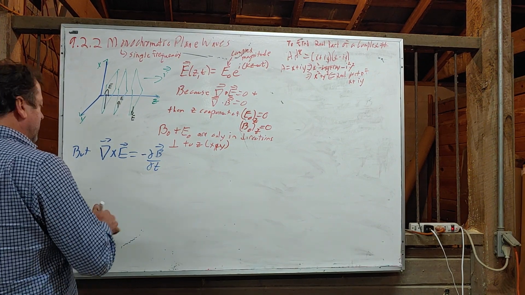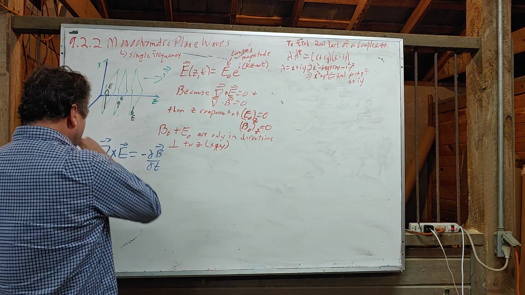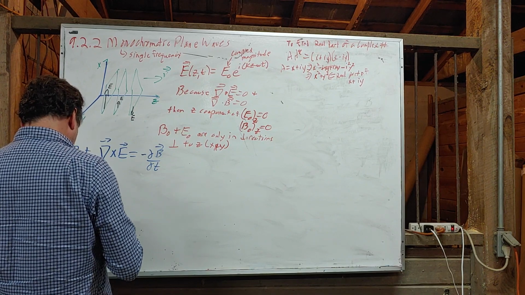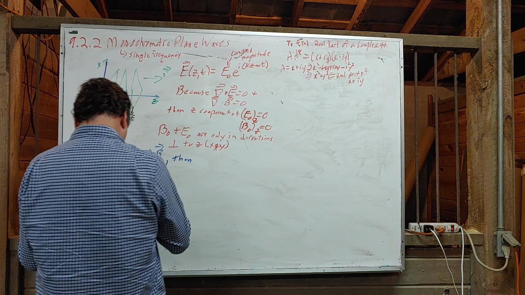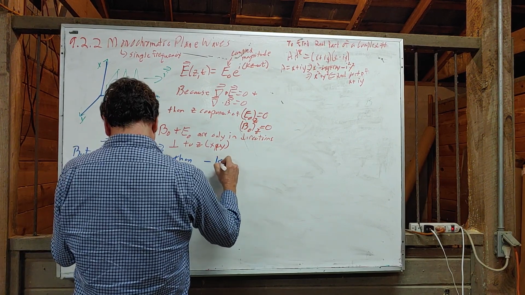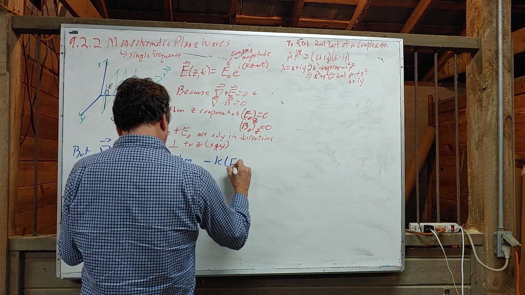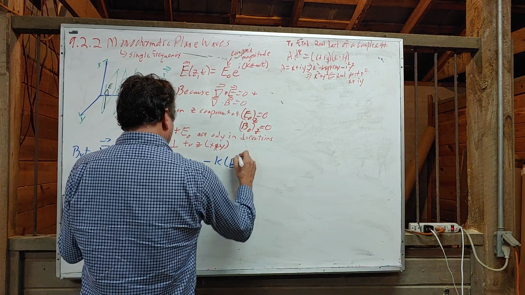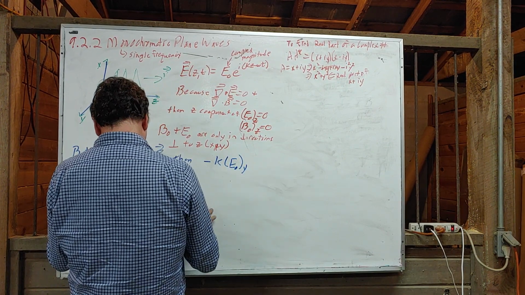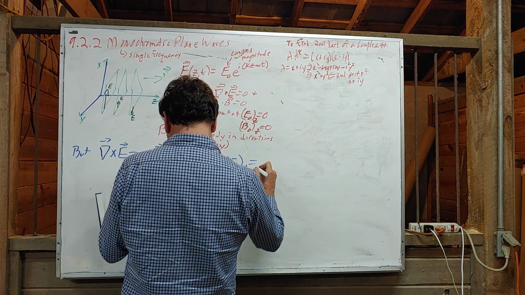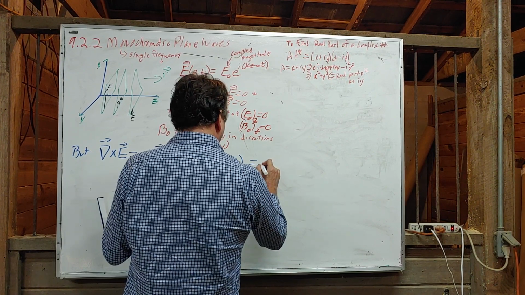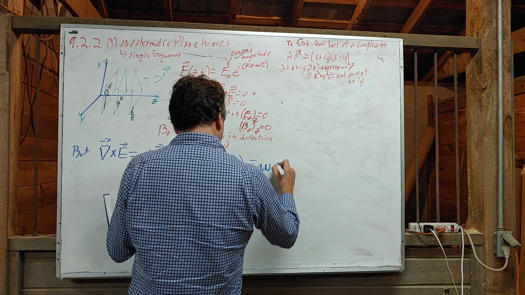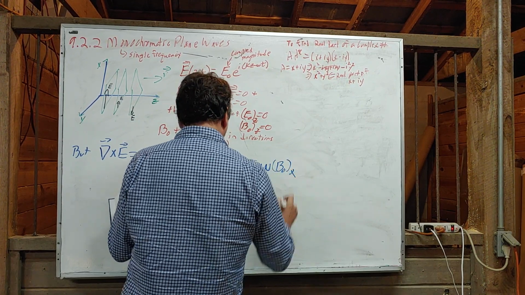Well, if that's true then, and we apply it up here, what you find is that minus k times the Y component here equals omega times the X component there.